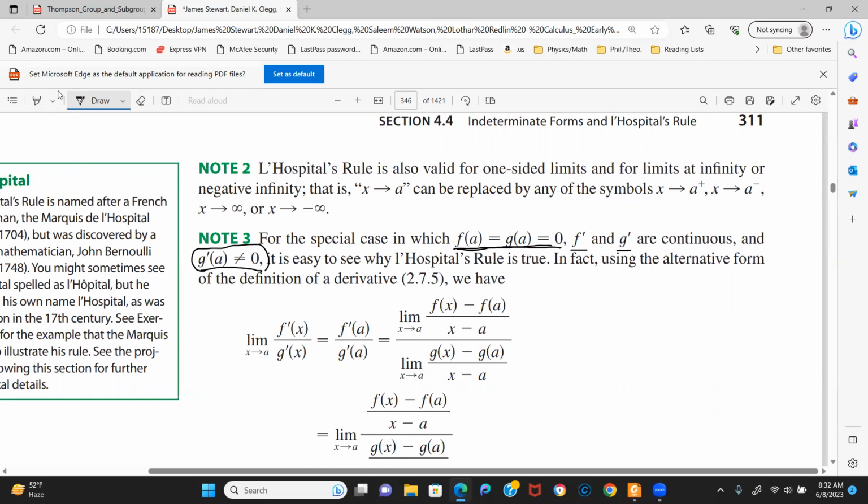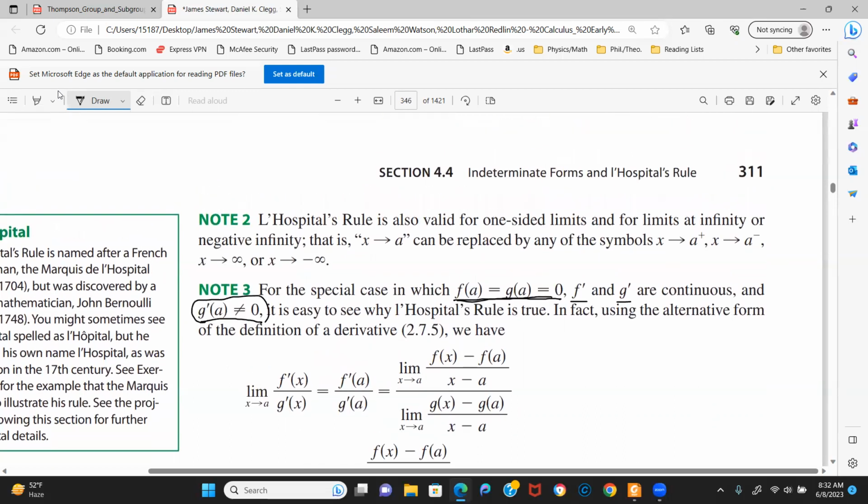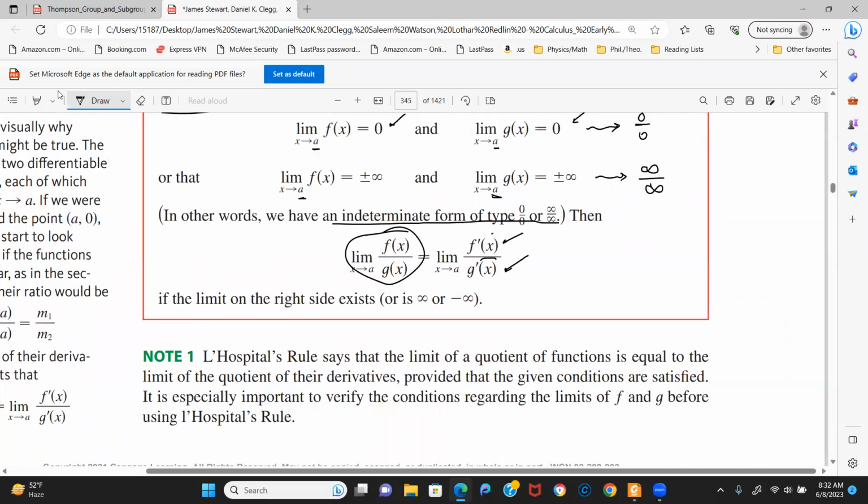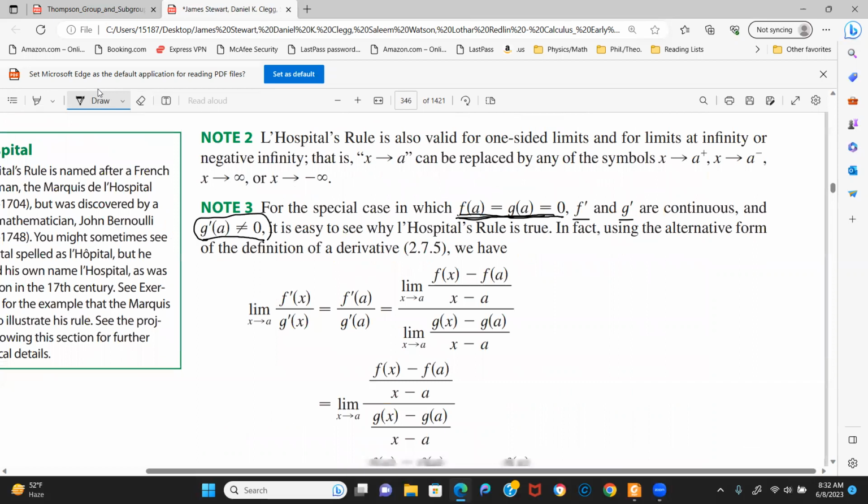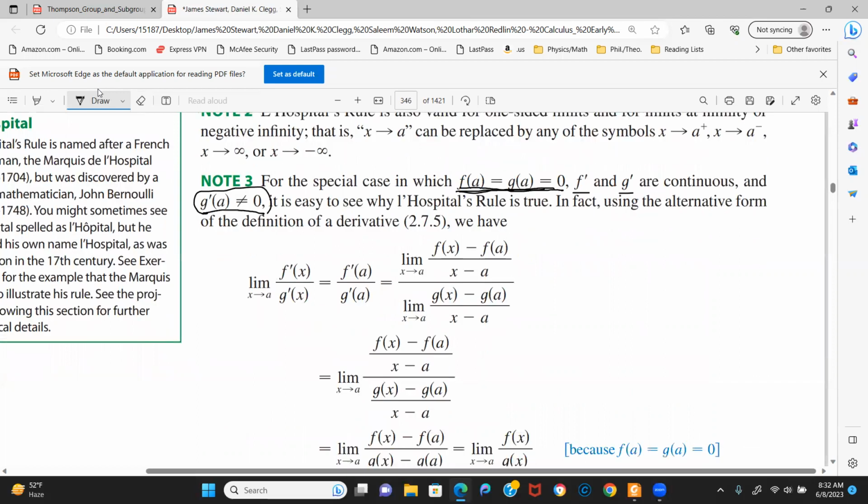So why is this the case then? We want to show that if we have such functions satisfying these other properties, then this limit right here is equal to this. So we're going to start with this limit and try to reduce it to this one right here. So first of all, note that we're taking the limit as x goes to a of f prime of x over g prime of x.